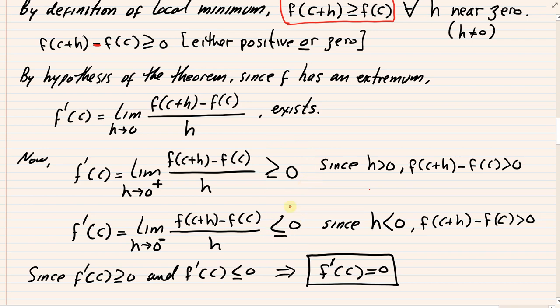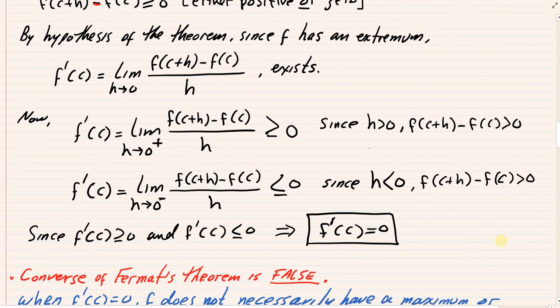At that point, simultaneously, it cannot be greater than and it cannot be less than. So the only viable option is equal to 0 between the two limits. So that proves that f prime at c has to be 0.